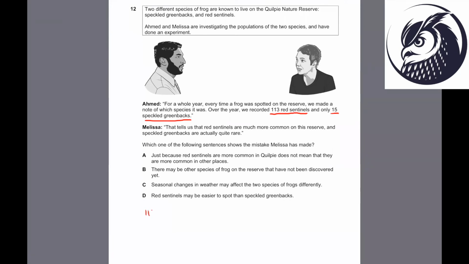So there's 113 red sentinels, and there is 15 greenback. And based on this data, Melissa has now concluded that red sentinels are more common.